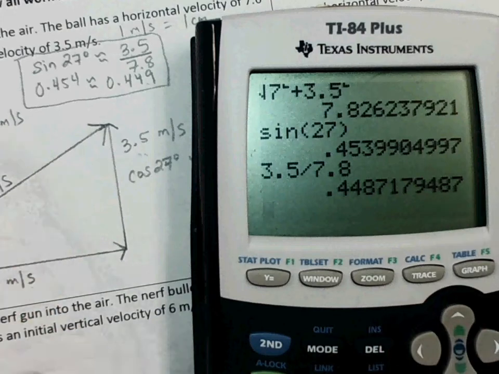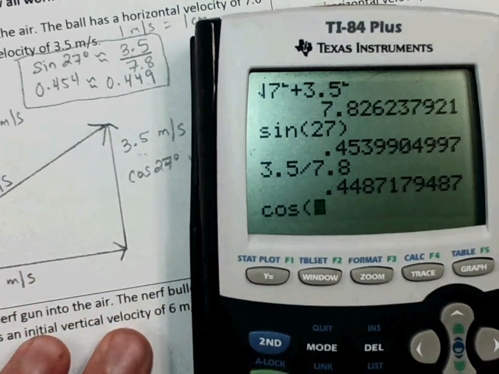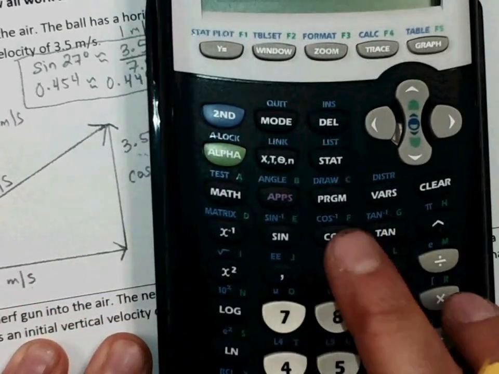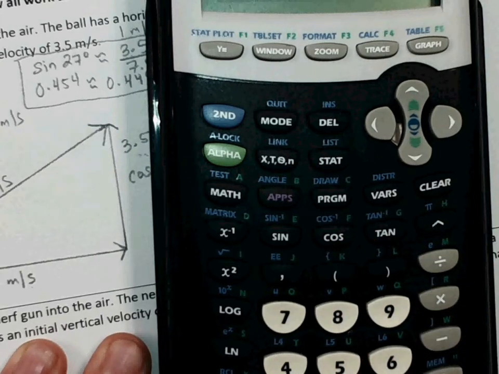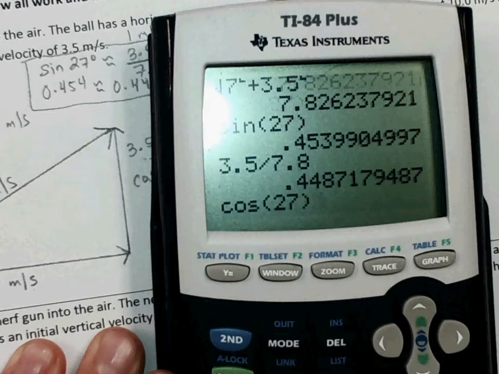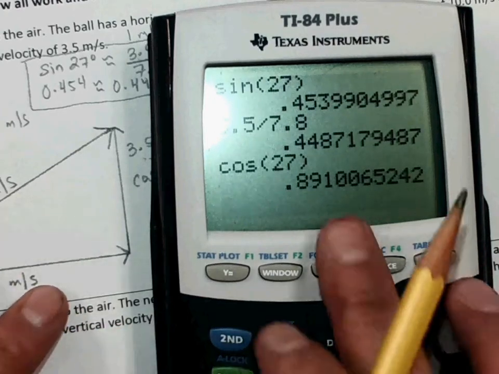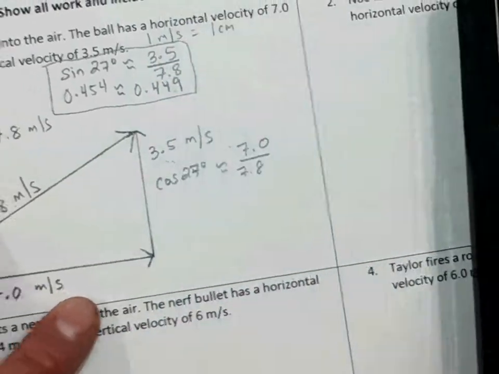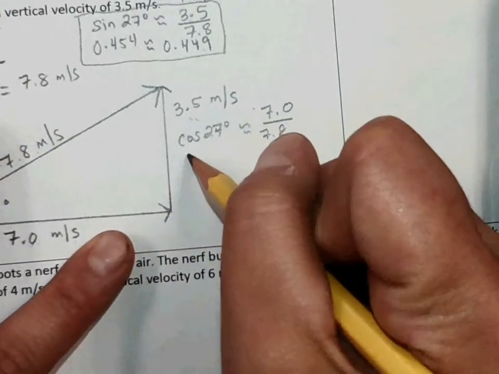Coming back, I'm going to get cosine of 27 degrees. My calculator is still in degree mode. I'm going to type cosine. Cosine button is here. Cosine of 27 degrees. Close my parentheses, hit enter, and I get 0.891.